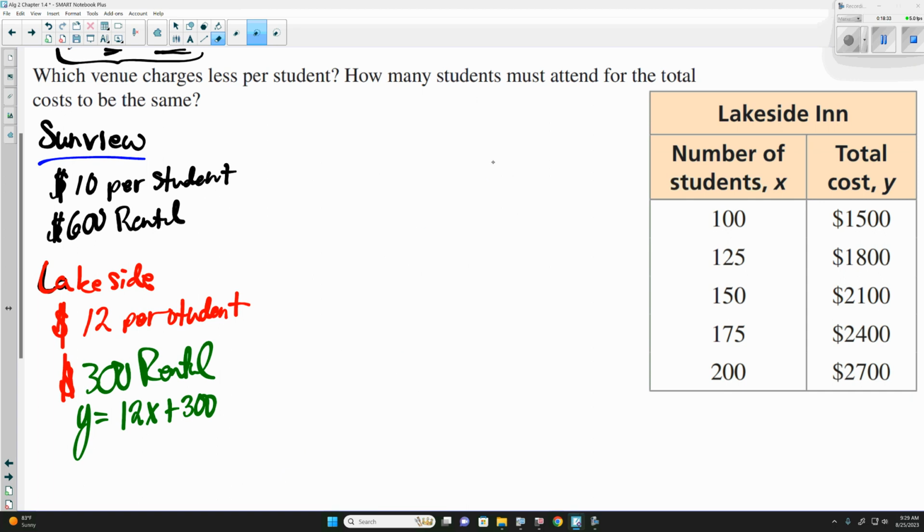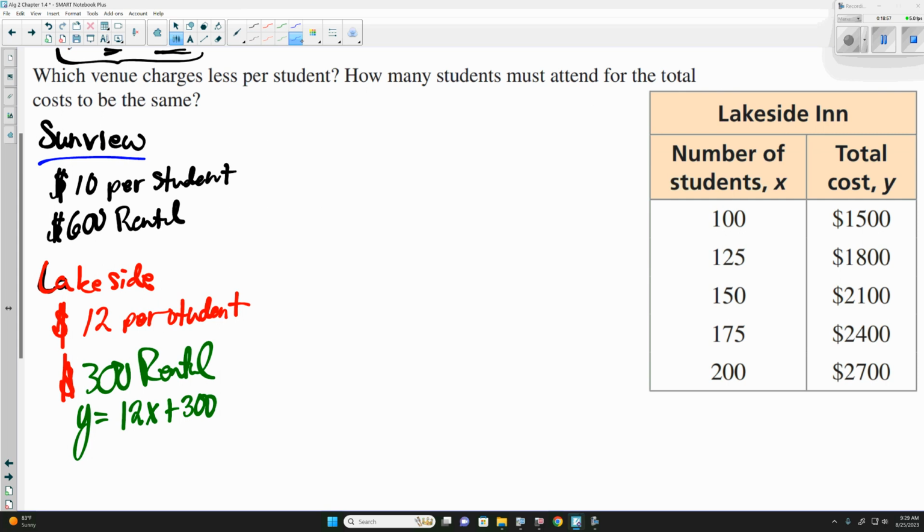Now the second half of this question is, at what point are they the same? How many students must attend for the total cost to be the same? So that's the real question, is how many students need to attend for the rental cost to not matter, for the overall cost to not matter?